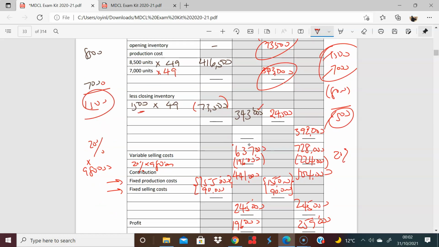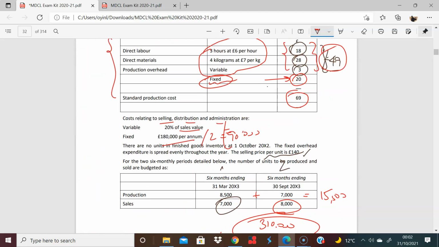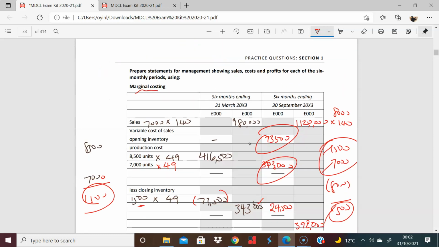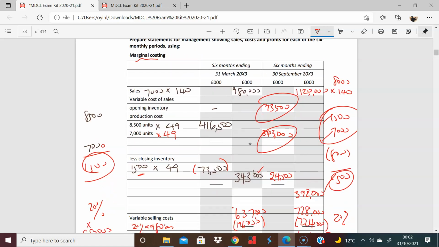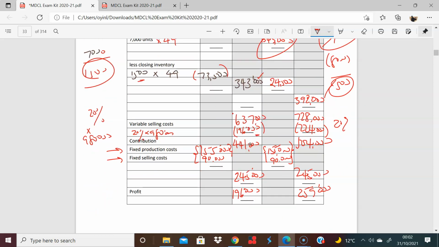Now, the question tells us that you have variable selling costs, which are 20% of the sales value, and your sales value was 980,000. So 20% of 980 gives you 196. All right, so you have 637,000 minus the 196,000.